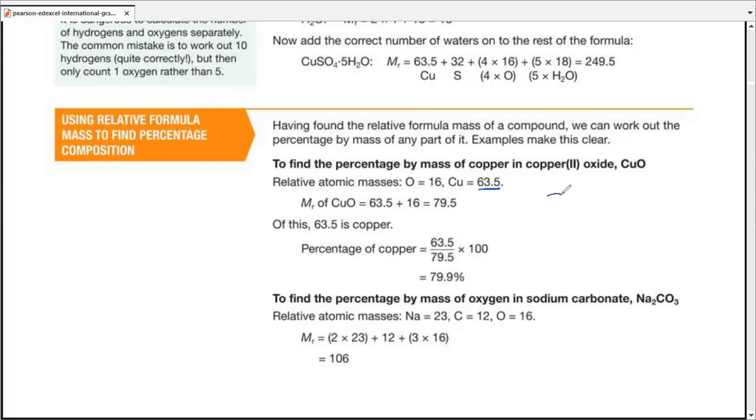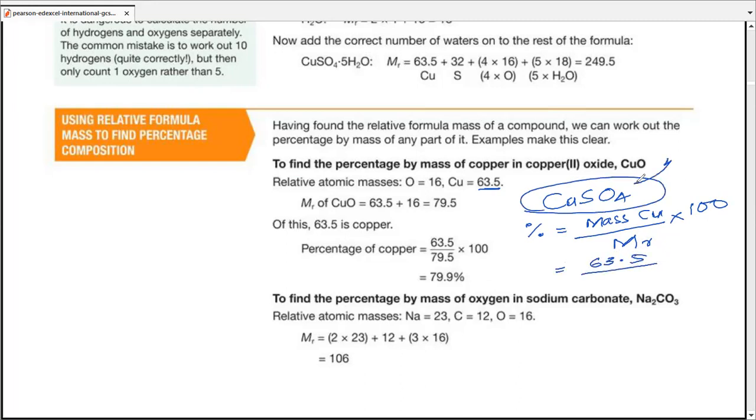For example, if we are working with copper sulfate and we need the percentage of copper, the formula would simply be the mass that copper has in the whole compound, and then the MR, which means the mass of the whole compound, and then multiplied by 100. So it's pretty easy. This is 63.5, and just on the previous page, we had this calculated to be 249.5, just in this page, not even the previous one.